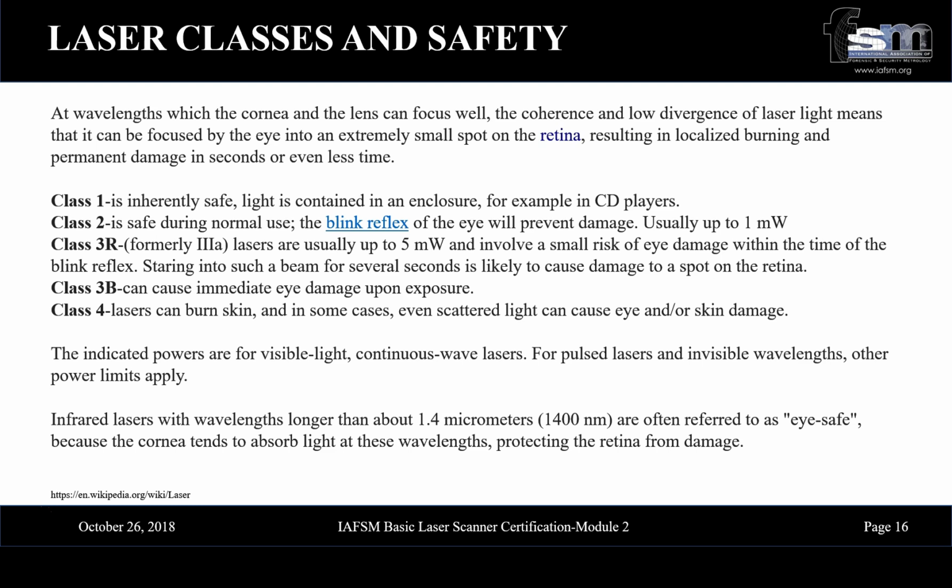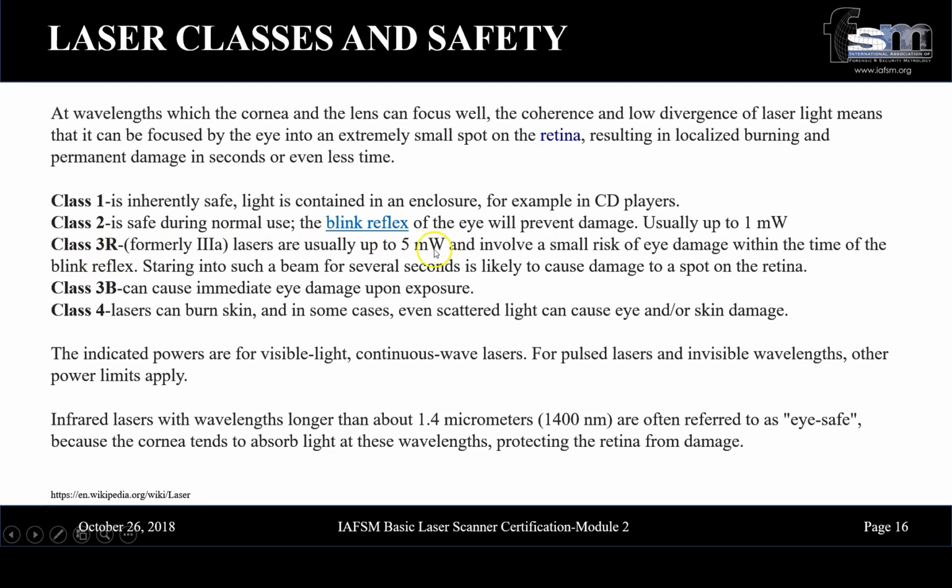And as you go up the list here, there are different types and different classes depending on whether or not it's visible light or infrared or invisible. But you see as you go up the list here, the conditions start to change. So class 2 is safe during normal use. Here what they're suggesting is that the blink reflex of the eye will prevent damage, and they usually contain this to about 1 milliwatt.